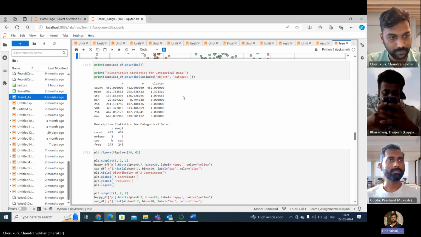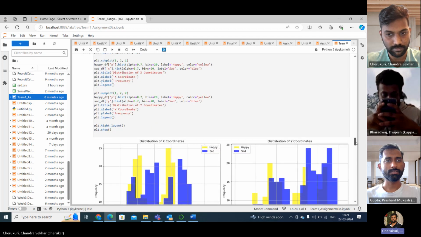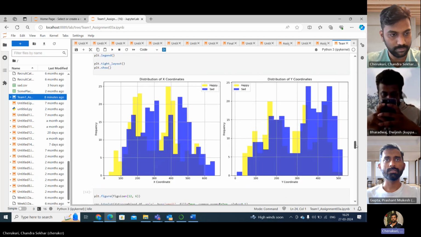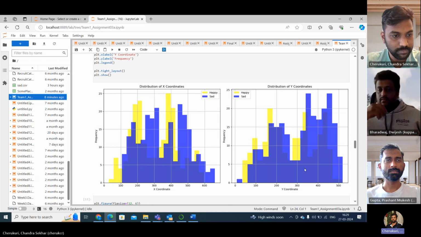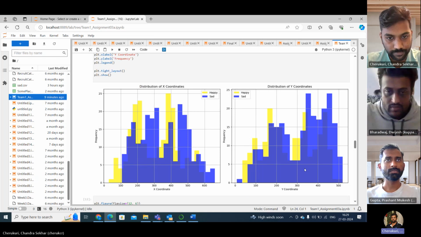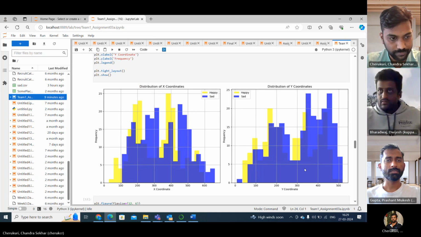Now we will be analyzing histograms. We also analyzed our data using histograms. Histograms show the distribution of data points across different ranges. This allowed us to see if there are common areas where a lot of emojis tend to cluster, giving us insight into the overall spread of emotions in our dataset. Now, Chandrasekhar will take over.